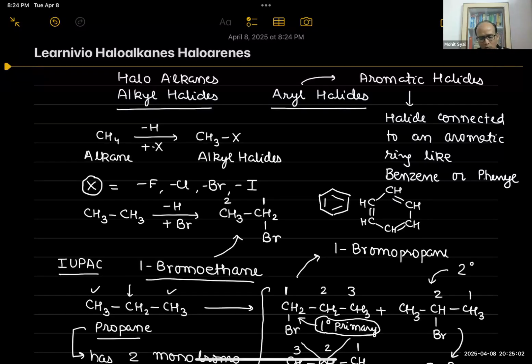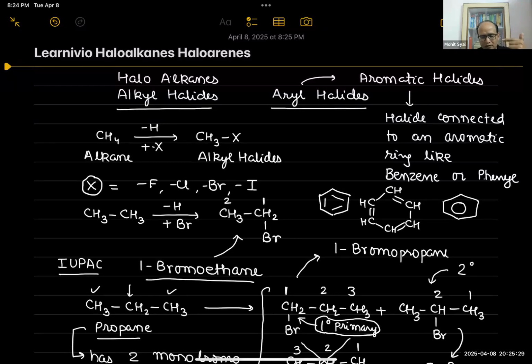Now if I want to connect any halogen, where should I connect it? On which carbon should I connect? Benzene is also written in this way, because these double bonds keep moving.